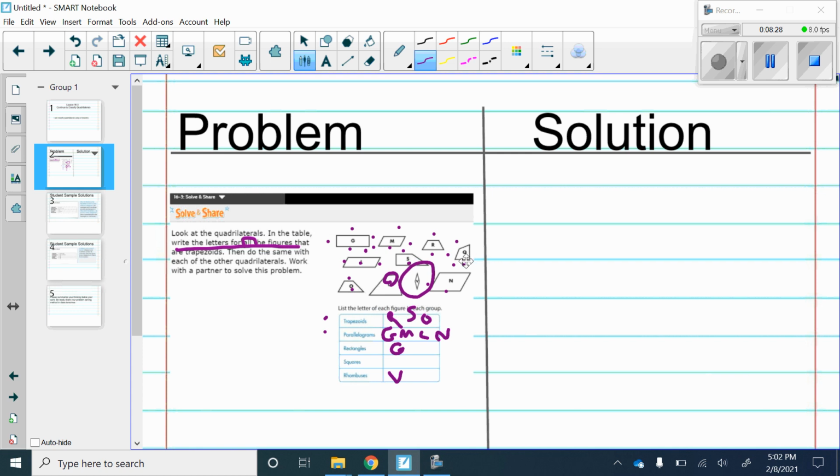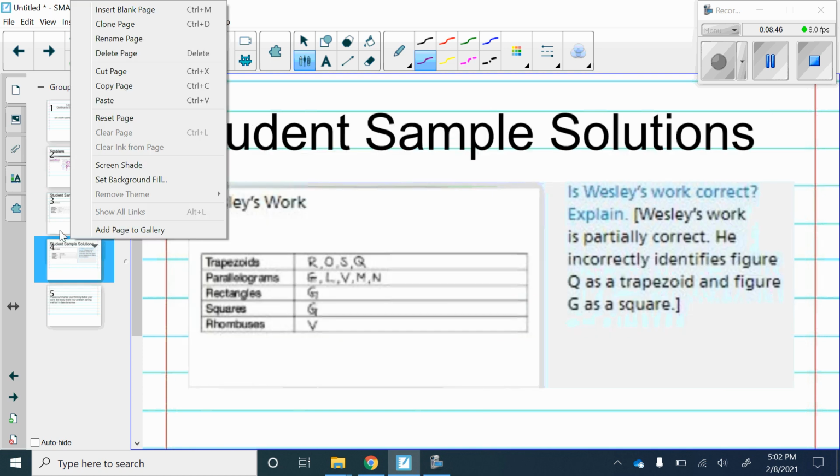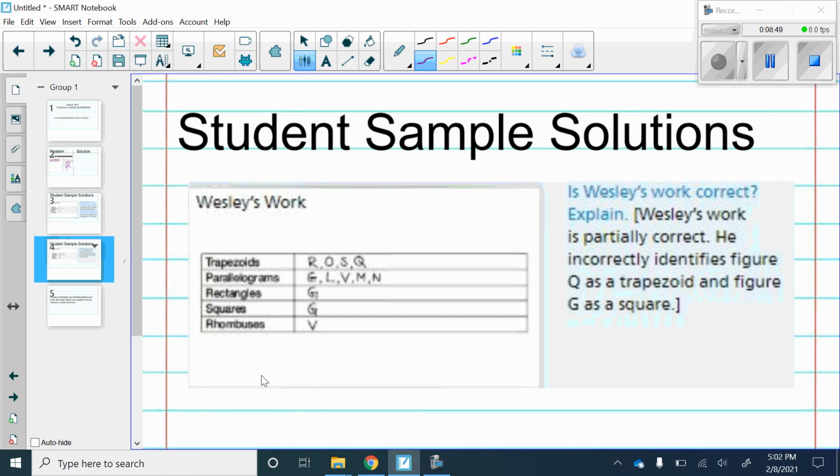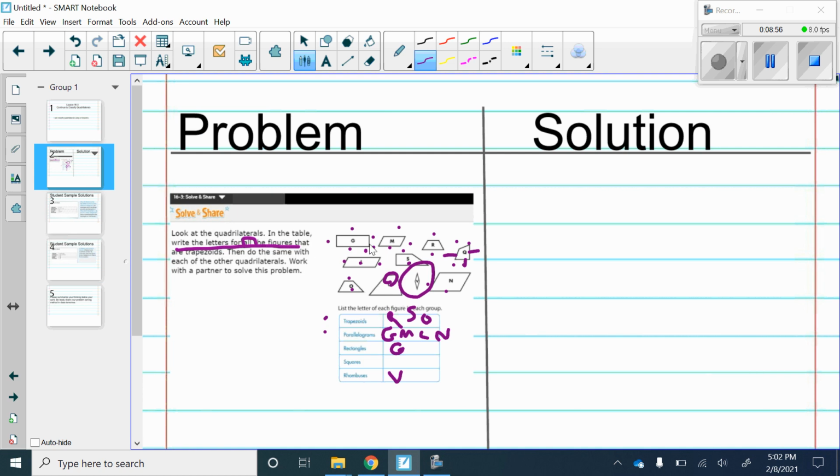And as you can see on Q, neither one of these opposite sides are parallel. At least one of the sides has a slant and they are not straight and parallel to each other. So Q does not qualify as a trapezoid. Let's go back, and he also says that G is a square. Remember, to be a square, it also has to have all equal sides.